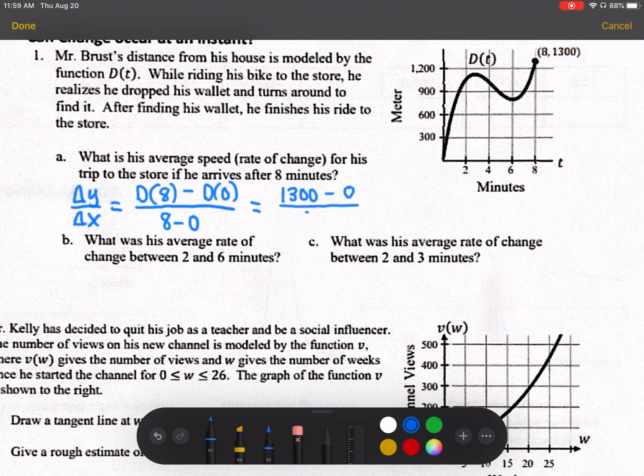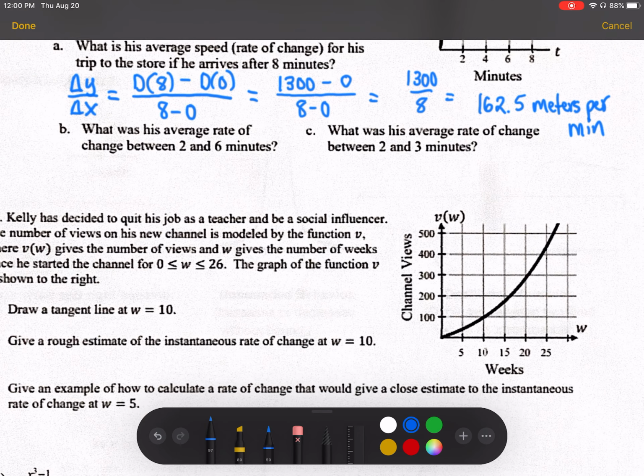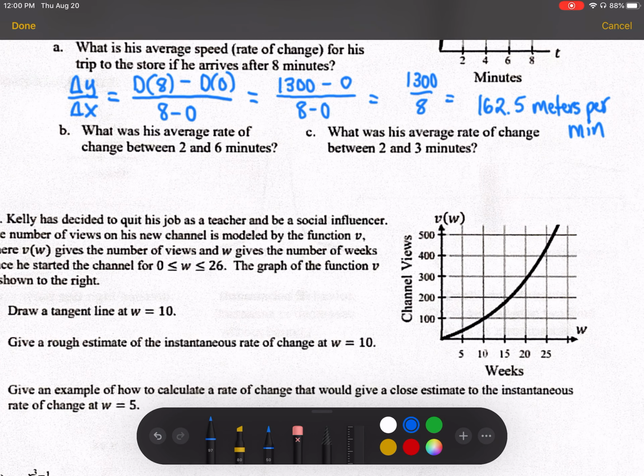And then we have 8 minus 0 on the bottom. So 1300 over 8, and that is 162.5 meters per minute. Okay, so 162.5 meters per minute.